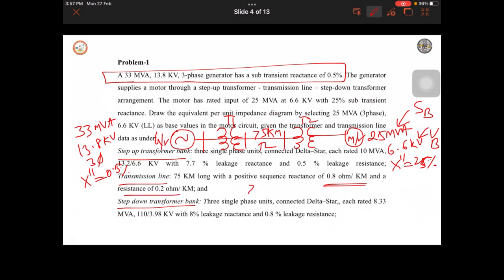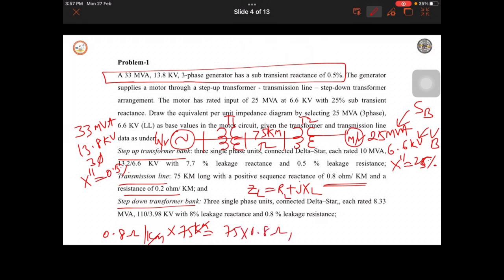So ZL is equal to R plus jXL, the impedance formula. This is 75 kilometers, so 0.8 ohms per kilometer into 75 kilometers. The kilometers get cancelled, and you will get 75 into 0.8 ohms.